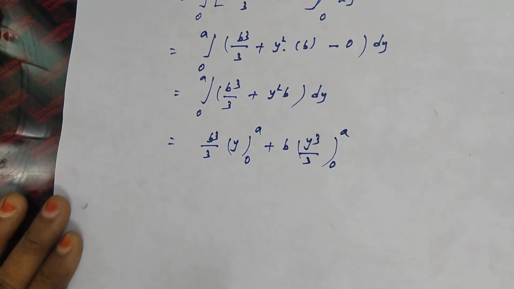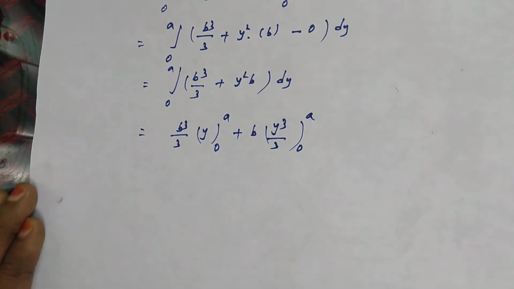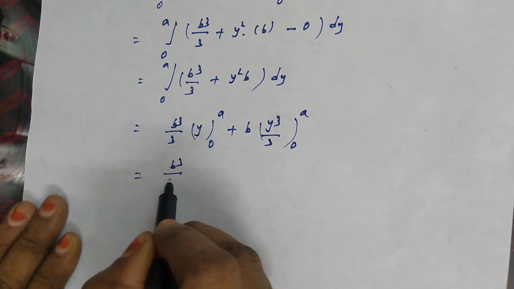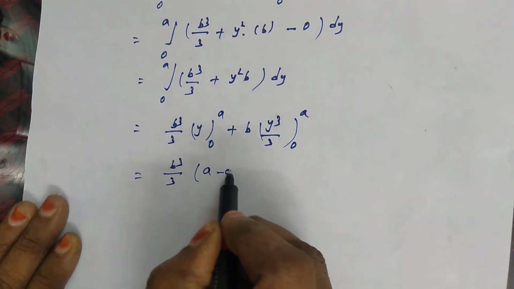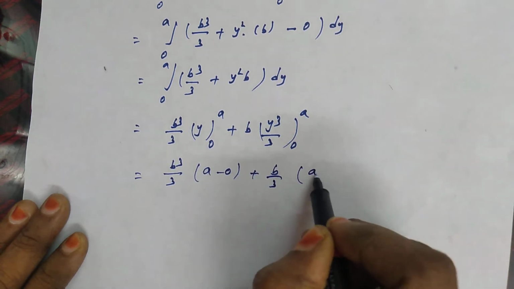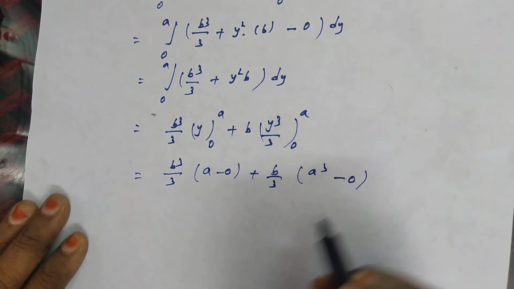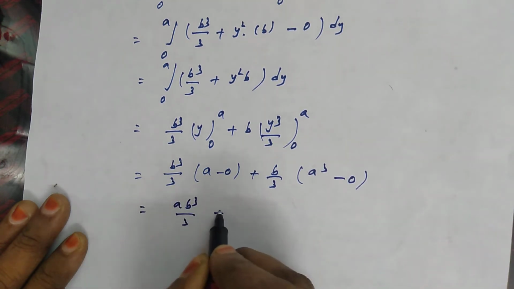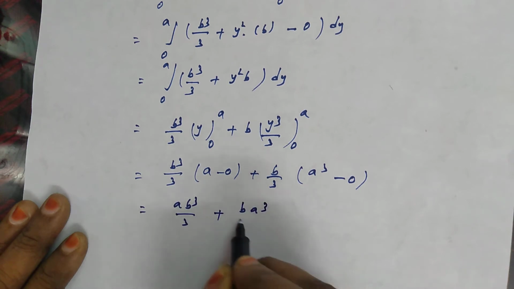Now we apply the limit. So b cube by 3 into a minus 0, upper limit minus lower limit, plus b by 3 into a cube minus 0. So a b cube by 3 plus b a cube by 3.